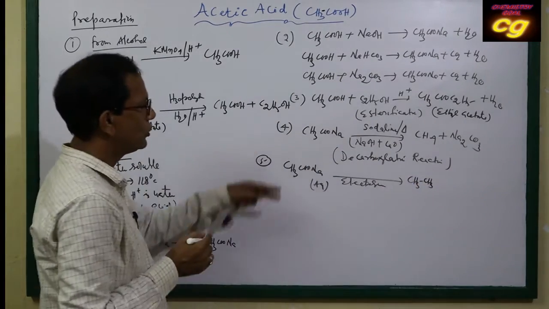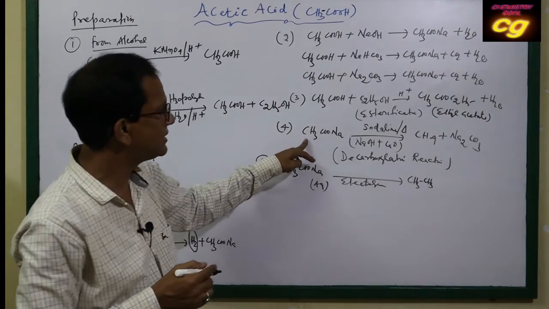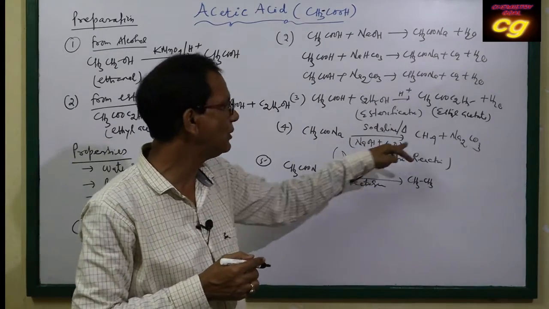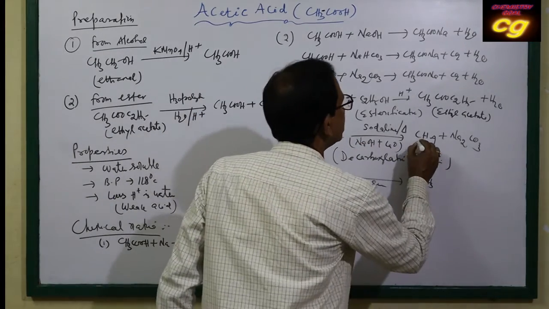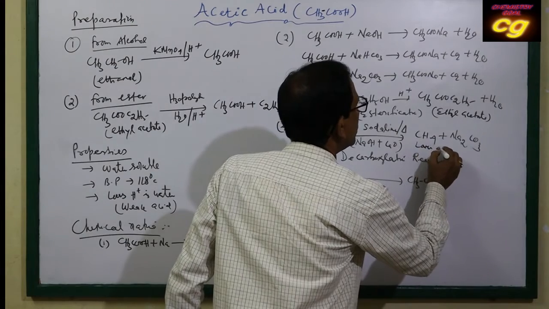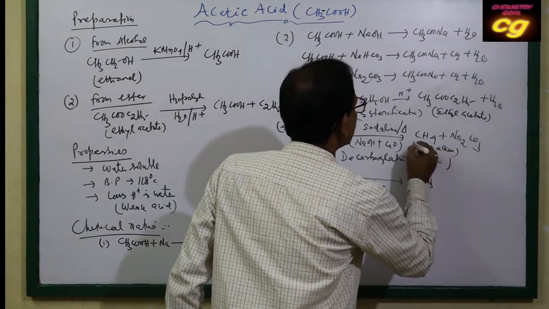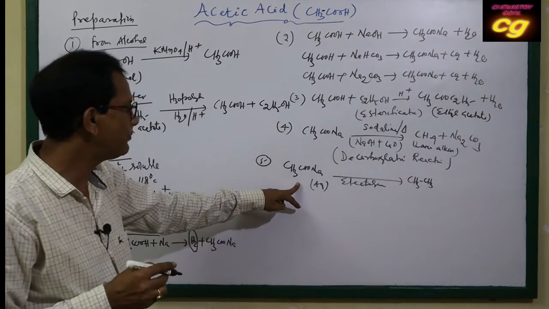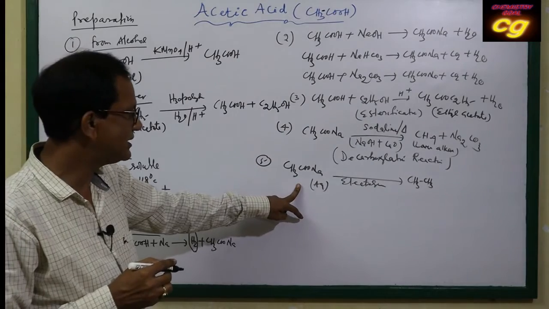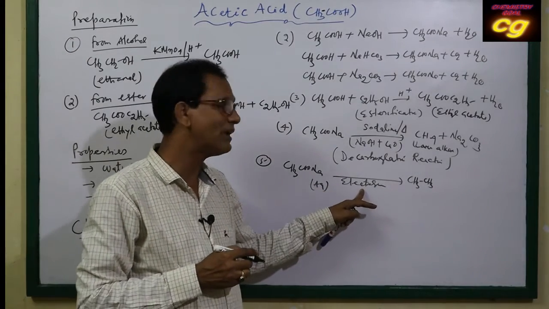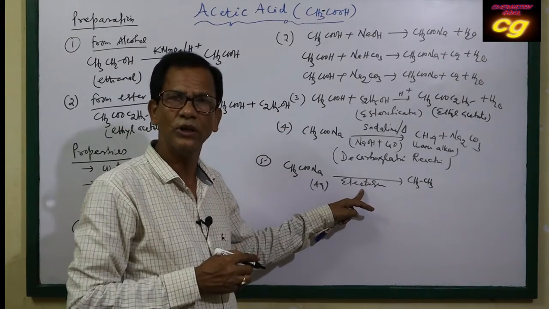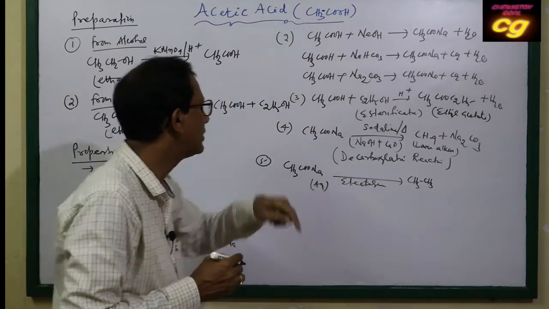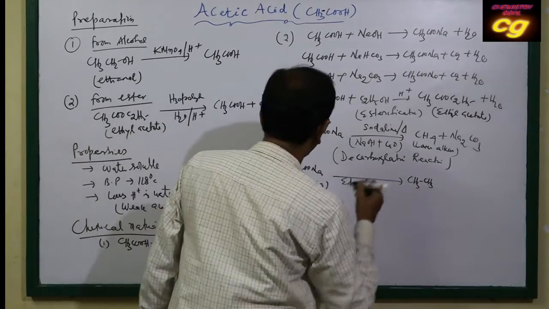You see the difference. First, sodium acetate, when heated with soda lime, forms a lower alkane. But when the same sodium salt of acetic acid undergoes electrolysis, it forms a higher alkane.